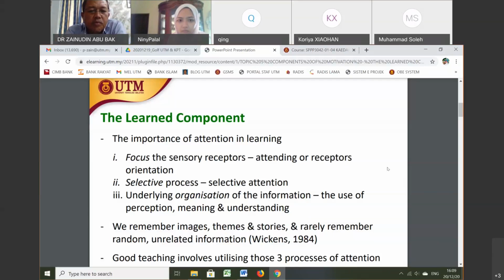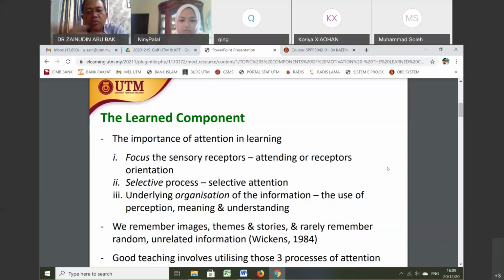So the first one is focusing the sensory receptors. When we say focus the sensory receptors, it depends. Now if we look at the screens, of course the sense is vision, right? That is the sense that we put some effort into looking with.